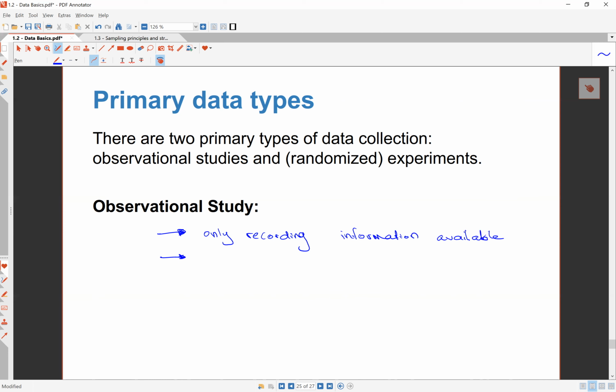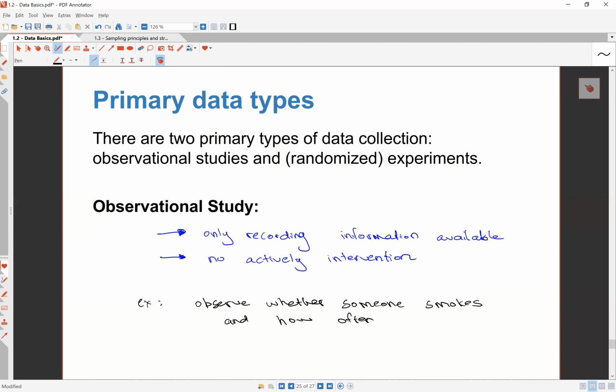Specifically, the people conducting the study do not actively intervene in the study. So they don't try to affect the behavior. For example, we observe whether someone smokes, and how often they have bad allergies.